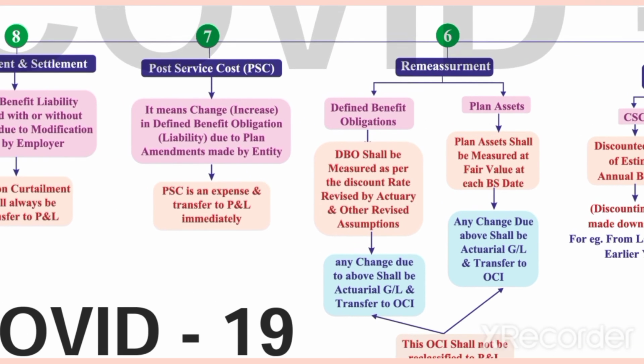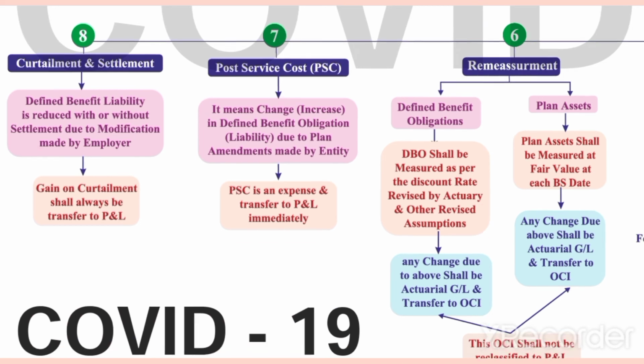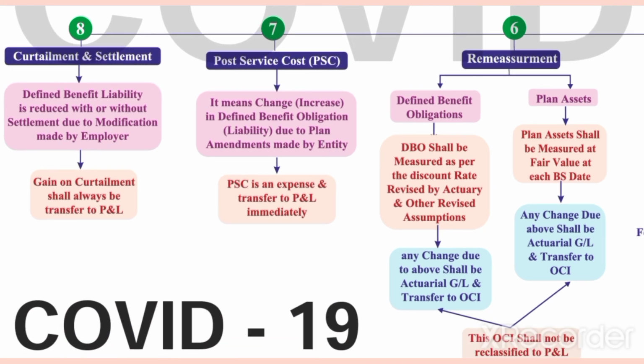Okay, next, past service cost. Past service cost means the changes in the defined benefit obligation due to the plan amendments made by the entity. Means they change the plan itself. First, what we saw was remeasurement, which occurs due to the actuarial assumptions changing. Past service cost means there is a change in the plan, and by changing the plan they will be creating a certain past service cost.